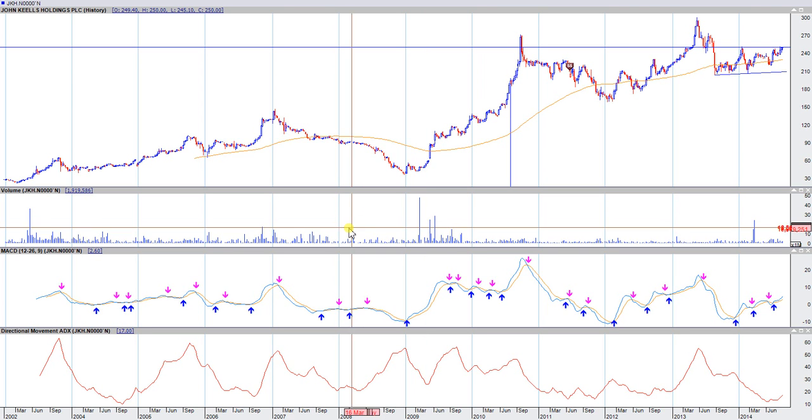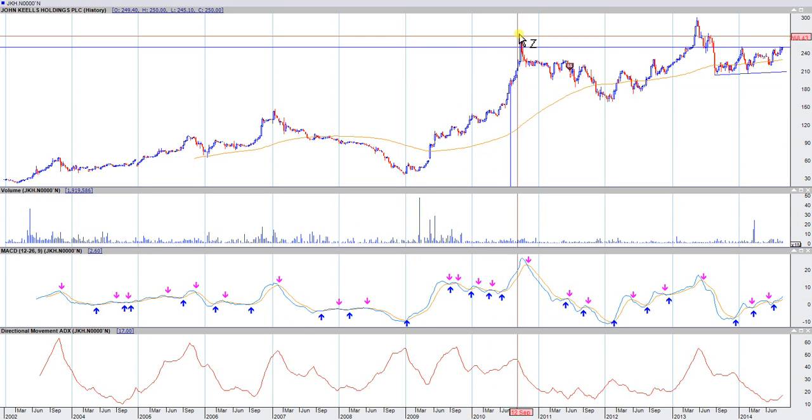Right, so let us look at, just scan through for a minute what you see. Right, excellent. Now what I see here is a harmonic pattern.